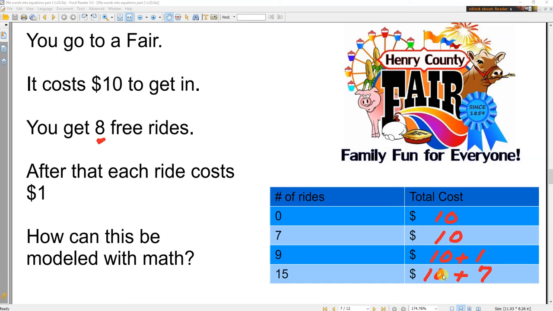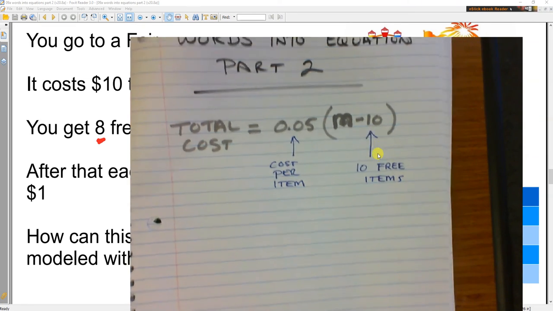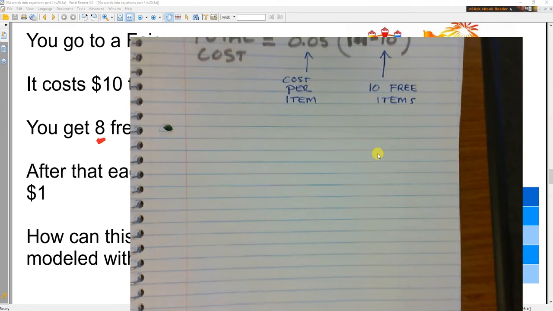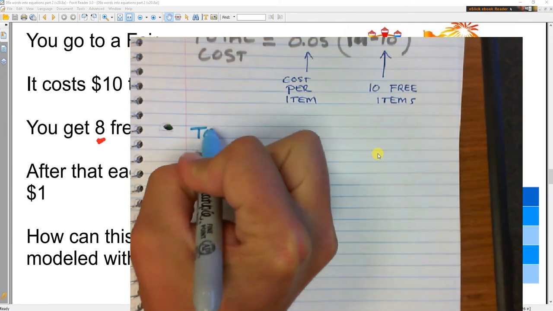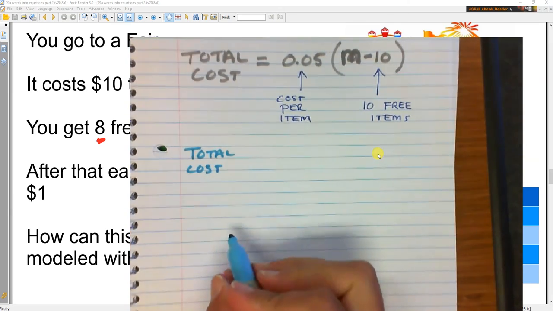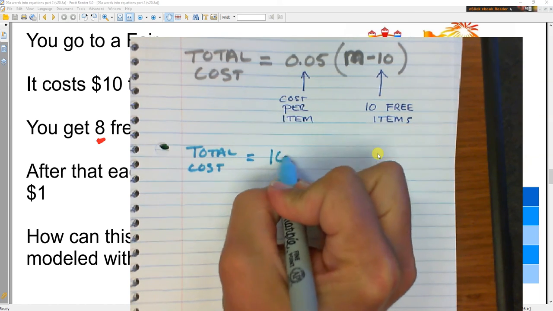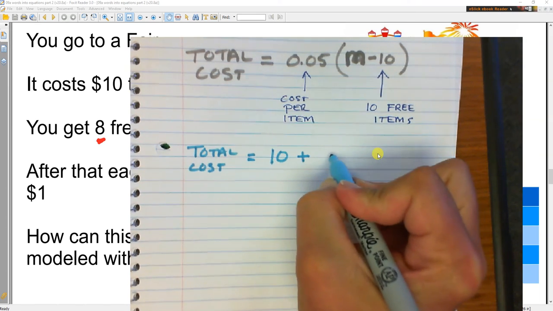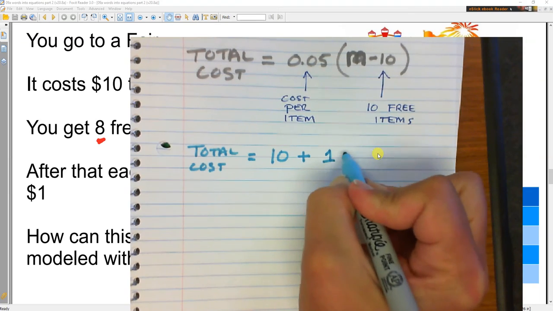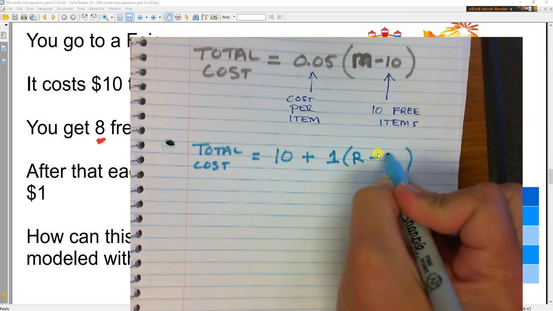So let's model this. Total cost: how much was it just to get in? $10 just to get in, plus $1 per ride. And now let's handle that free ride thing. So rides, how many free rides? 8.